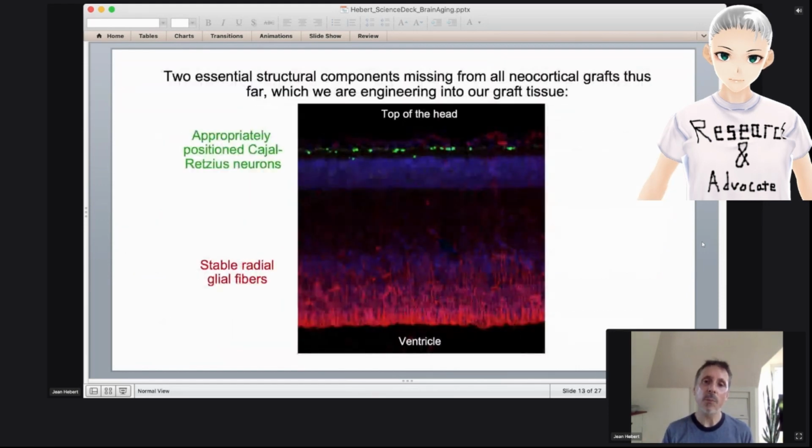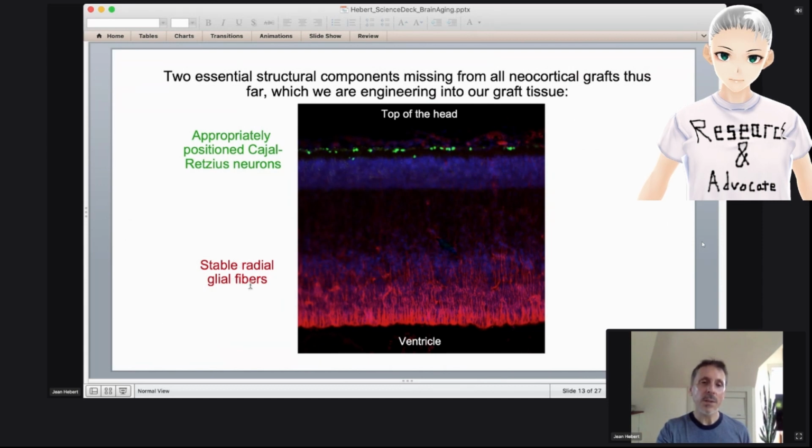So this is an example of a couple of key aspects that have been missing from all grafts so far. In green here, there's a small number, but a very important group of pioneer neurons called Cajal-Retzius neurons. They're very important for setting up the architecture and the wiring of the neocortex, the layers that come afterwards.